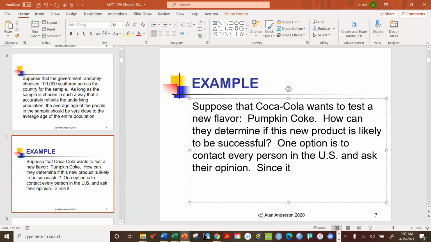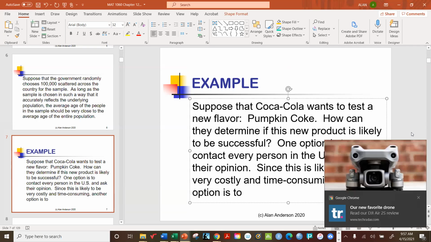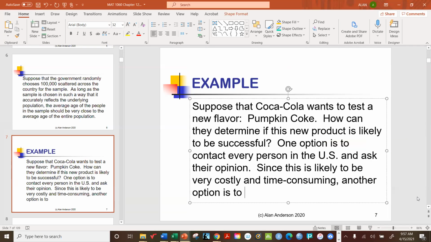Since this is not likely to be feasible, or let's just say this is likely to take a long time, another option is to test the flavor, randomly choose people to test or taste the new flavor.